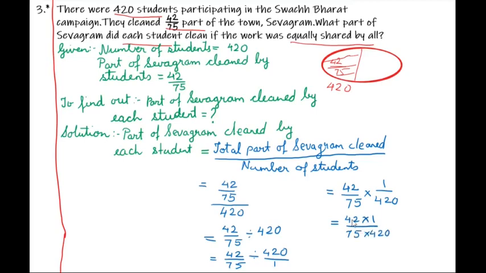Yeah. Now, this 42 and this 420 are divided by each other. They will get divided. They are divisible. 42, just see on the screen. 42 ones are 42 and 42 ones are 42 and this 0. That is 42 tens are 420. Yes or no? So now how can we write the same fraction or same multiplication?